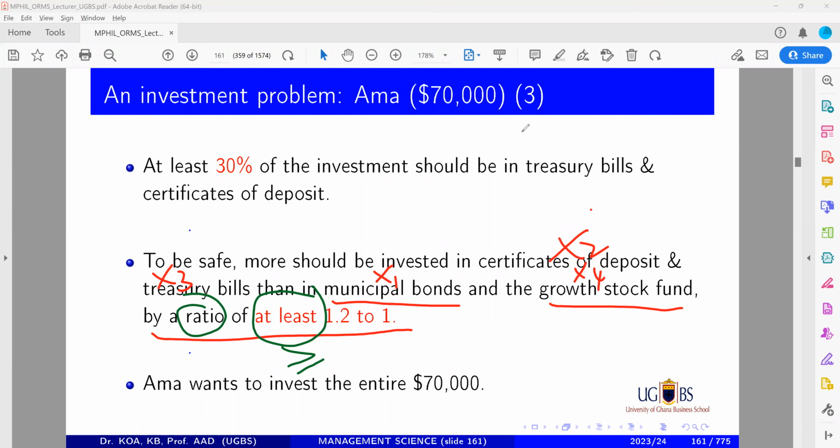So this ratio is speaking of the investment that needs to be made in S2. The ratio here, what are we ratioing? That's my question.